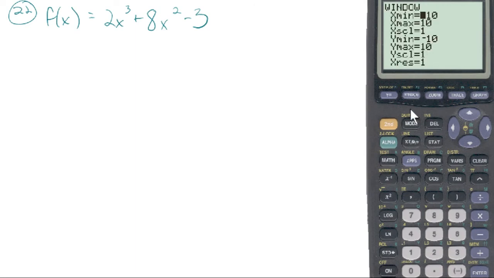So I'm going to go to window, and this is like manually you can go in there and change how far on each axis you want to look. So x minimum on the left, right? That's not a problem. The maximum that we're looking at on x is to the positive 10. That's not a problem. The minimum, how far down on the y-axis we're going, that's not a problem.